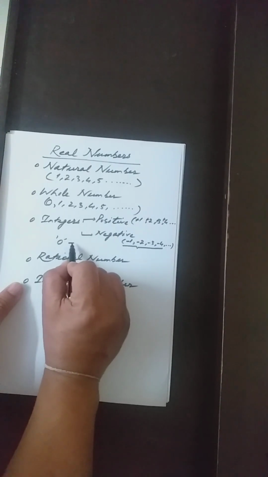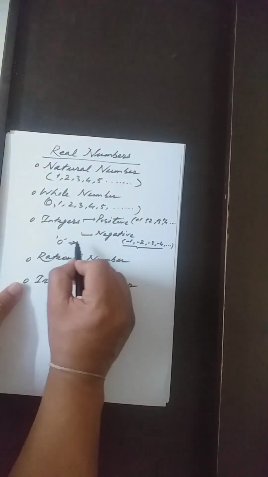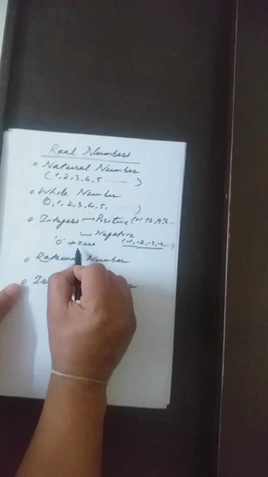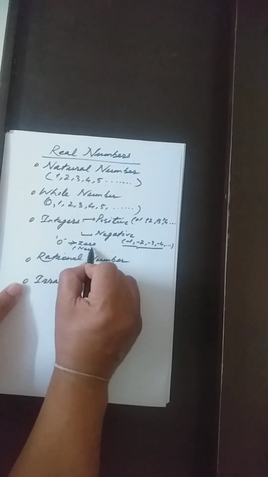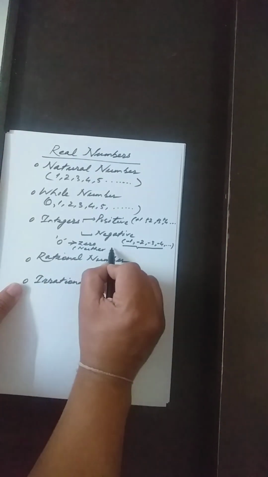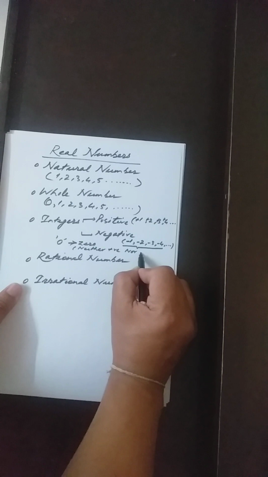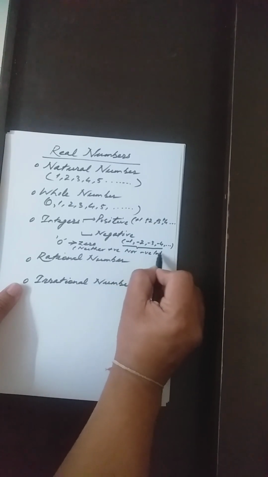So you must keep in your mind that this number 0 is neither a positive nor a negative integer. So when we are talking about positive and negative integers, we are simply talking about plus 1, plus 2, plus 3, plus 4, and among the negative, minus 1, minus 2, minus 3, minus 4.